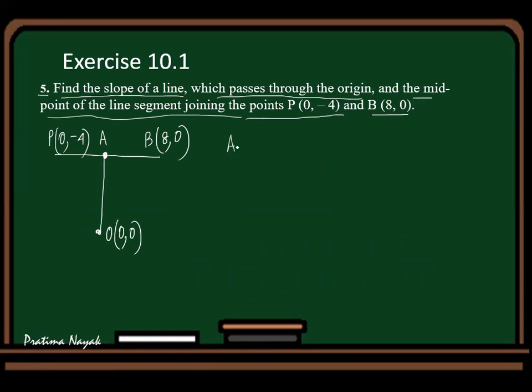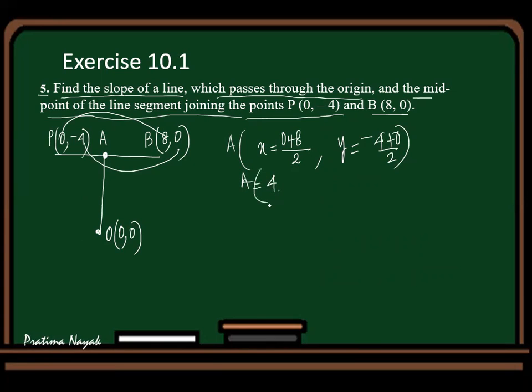A is the midpoint, so I'll put the midpoint formula. Here x will be (x1 plus x2) by 2, so 0 plus 8 by 2. And y will be (y1 plus y2) by 2, so minus 4 plus 0 by 2. So I am getting A is equal to (4, minus 2). So what is the slope?